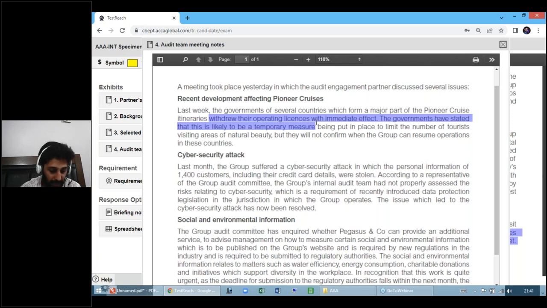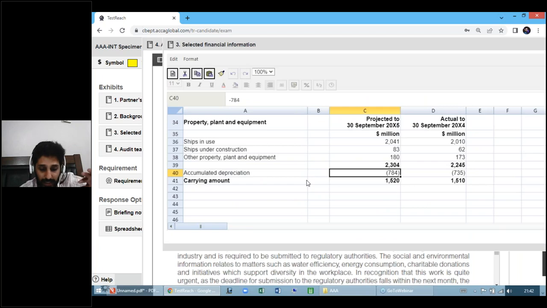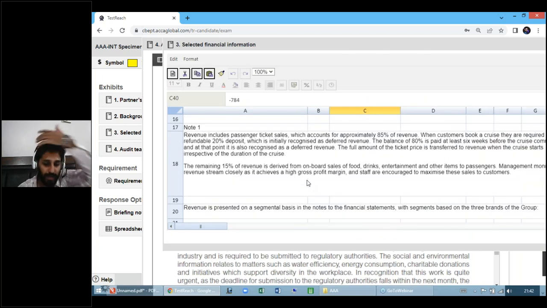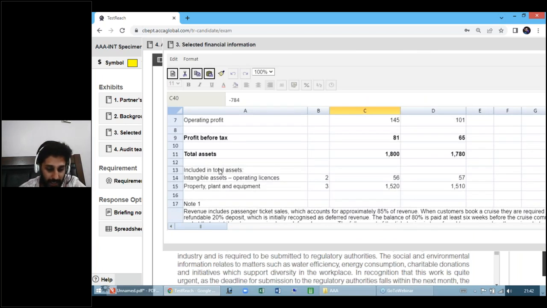Any idea which accounting standard is being applied here? And you know what? The operating license cost would definitely be given in this financial information. Yes, that's the cost of 56 million, intangible asset operating licenses. Note number 2.